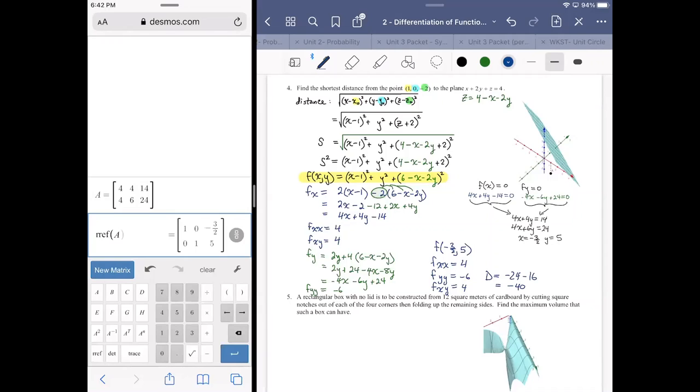Two y. Two times 6 minus x minus 2y to the first times a negative 2. Negative 2 times negative 2 gives you a positive 4. Two minus 8 is negative 6.